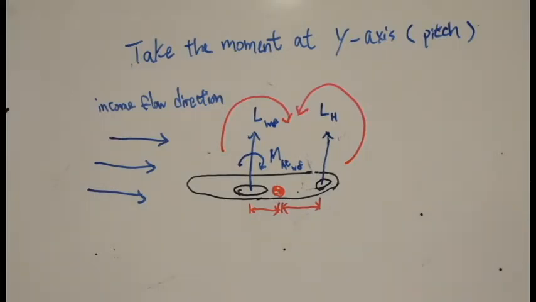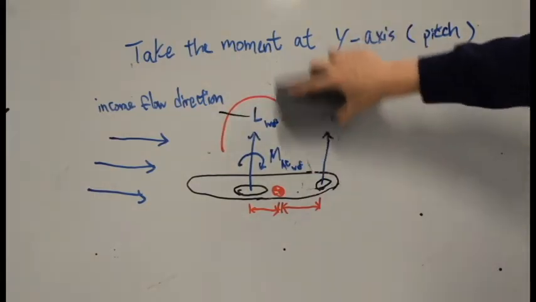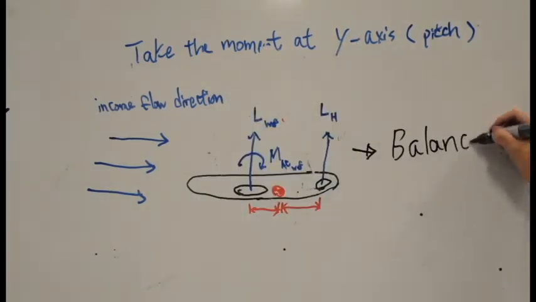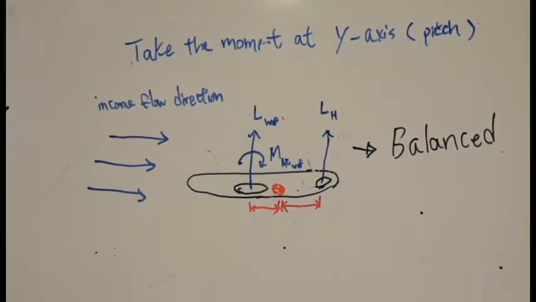With suitable moment produced by adjusting the position of the tail and the CG, and also the amount of lift by the tail, the net pitching moment could be balanced. And this is how the tail parts help trim the aircraft in terms of the pitching moment.